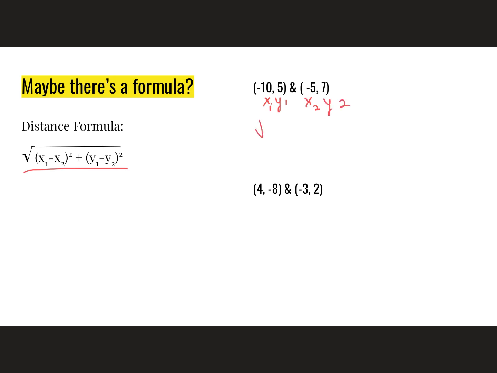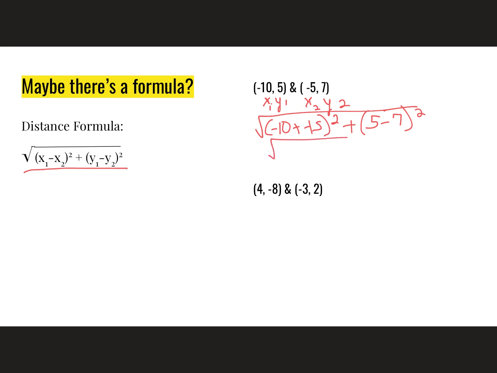So I'm going to take the square root of x1, which is negative 10, minus negative 5. Remember, minus negatives turn into positive. And we're going to square that. Then we add y1, which is 5, minus 7 squared, and we take the square root. So negative 10 minus negative 5 gives me negative 5.